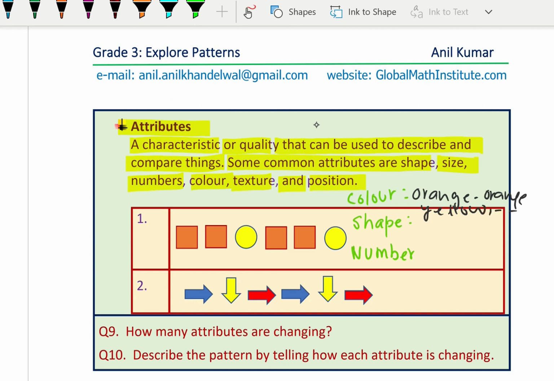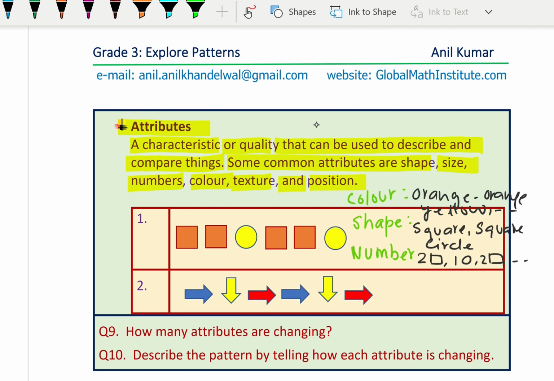And that repeats, correct? In case of shape, I could say square, square, circle, right? And in case of number, I could say two squares, one circle, two squares, one circle, right? So we say two square, one circle, two square, one circle, and so on.